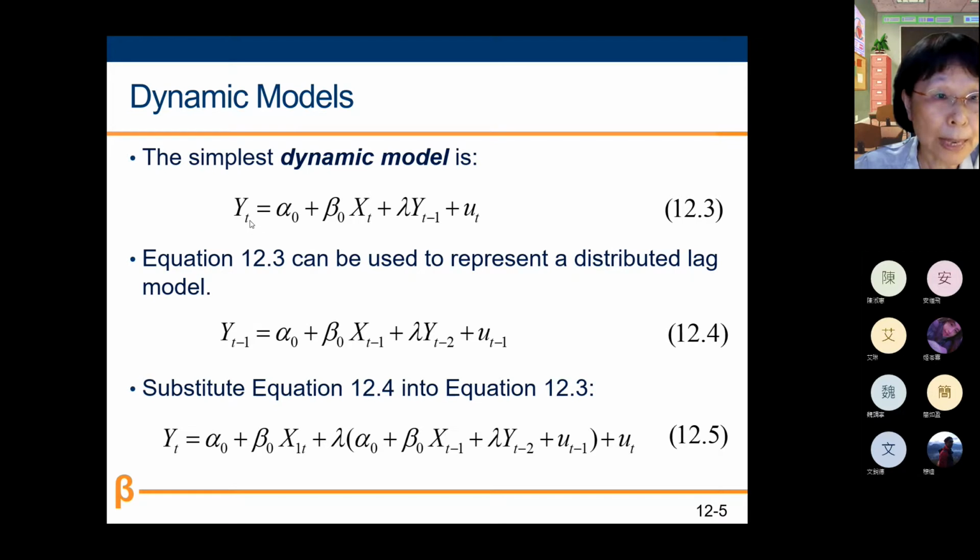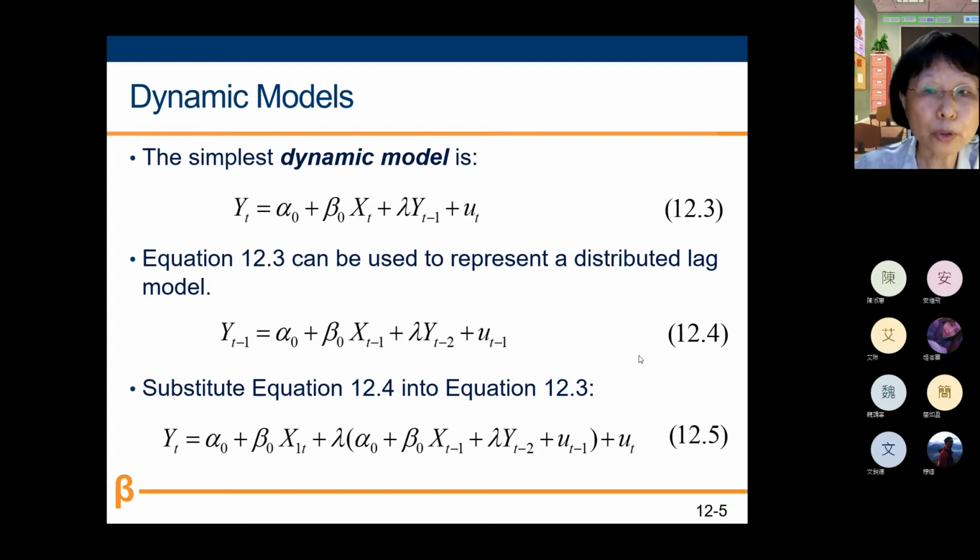So y_t becomes y_{t-1}, x_t becomes x_{t-1}, and y_{t-1} becomes y_{t-2}, and u_t becomes u_{t-1}. I think there are no questions, right? So 12.4 is one lag of 12.3.